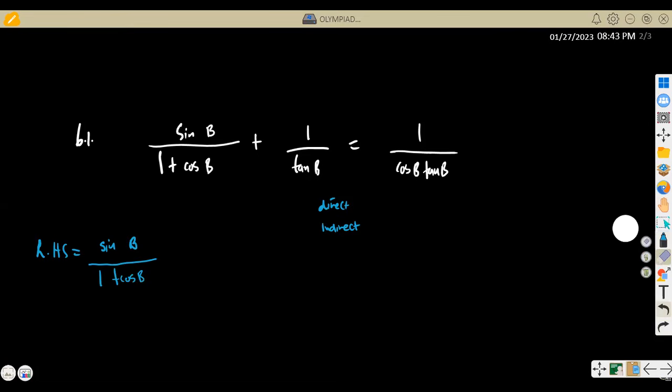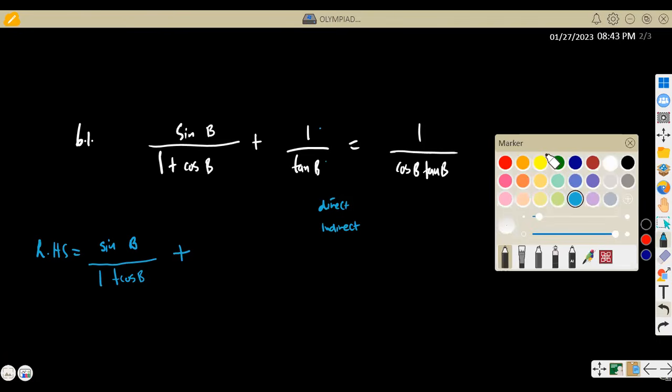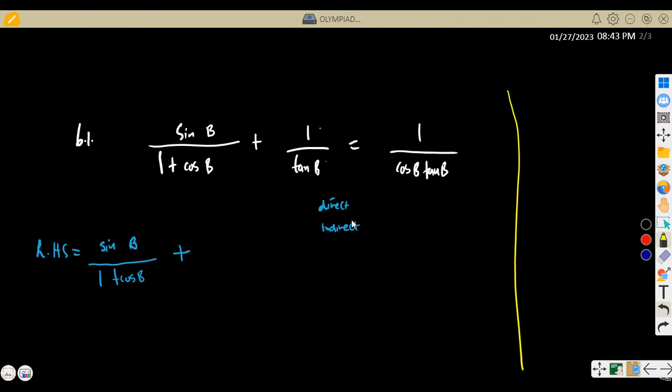If we are to add, we can see that this is 1 over tan B. I don't know which way you're going to use, but what you must know is that tan of B is equivalent to the sine of B over the cosine of B. That is the identity for tan.